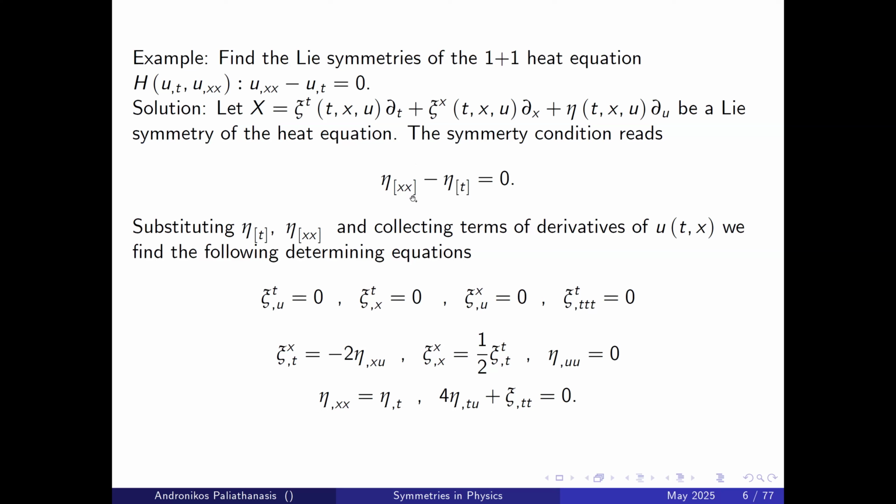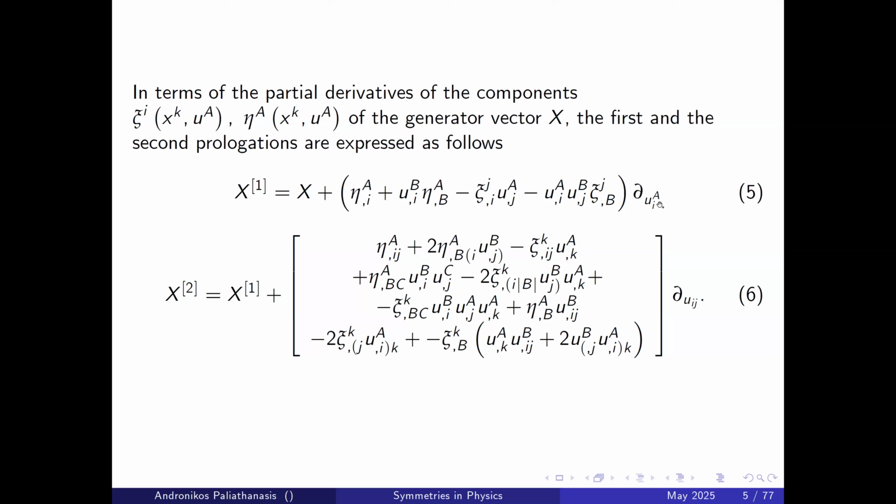Eta^xx and eta^t are the two prolongations of the vector field in the u_t direction and the u_xx direction, as given by this expression.